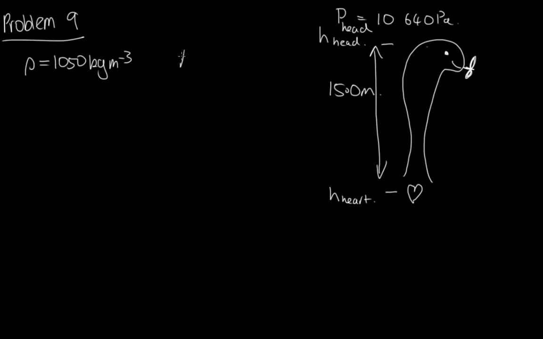And if they have the same size, because AV is constant, that tells us that V is constant. So what we can use is Bernoulli's equation.